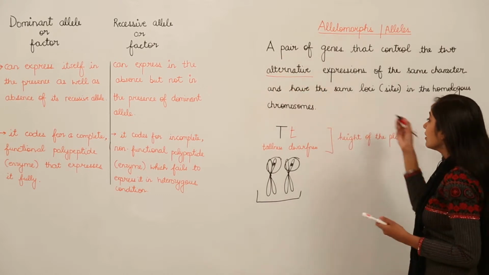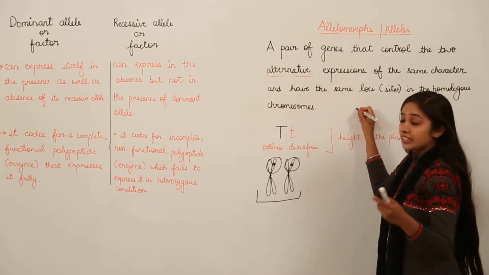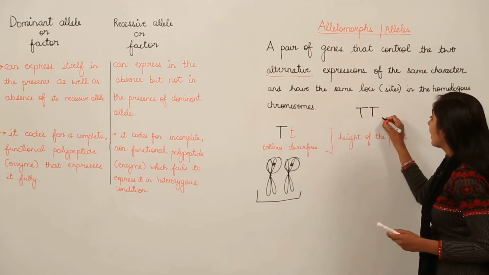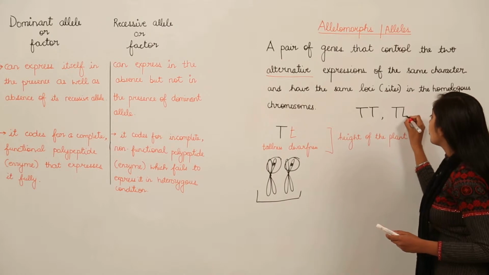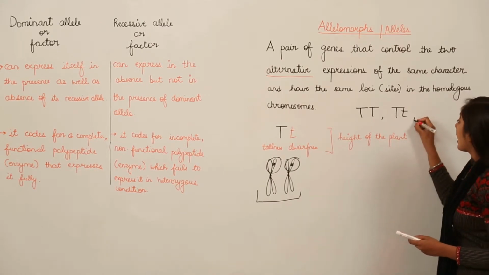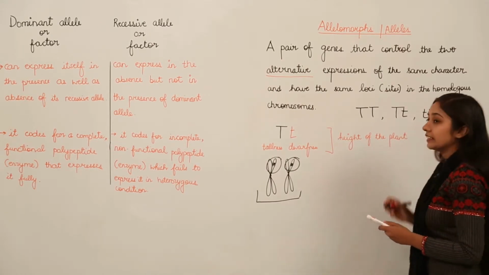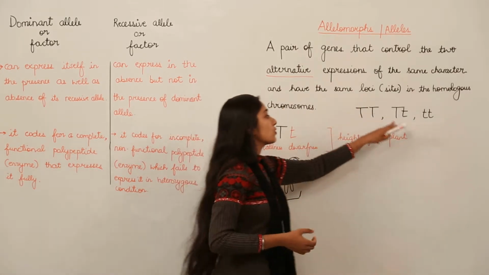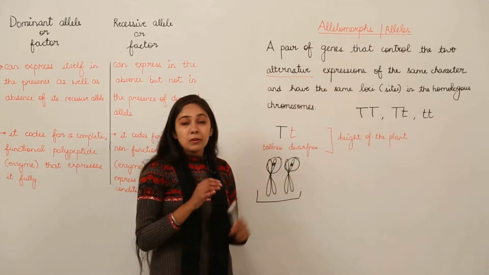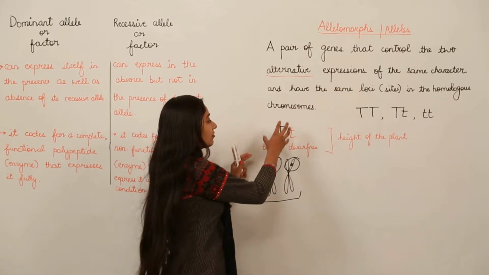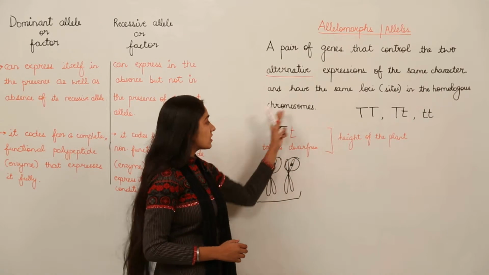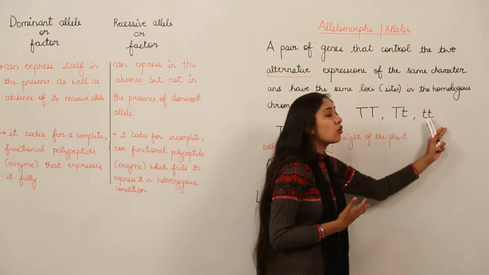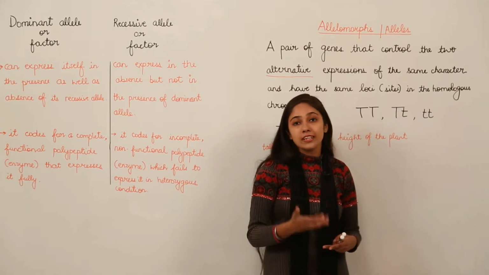Now the pair of genes, both uppercase letter T, uppercase and lowercase letter t, and both lowercase letter t, all these three types are also considered as alleles. Remember earlier, whatever we have discussed in this concept, this was the definition of alleles. But nowadays, we are considering these pairs also as allelomorphs or allelic pairs.